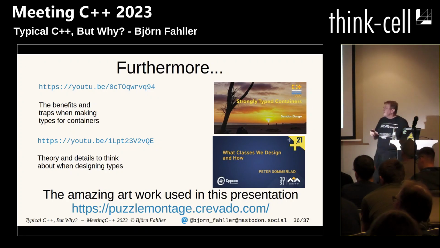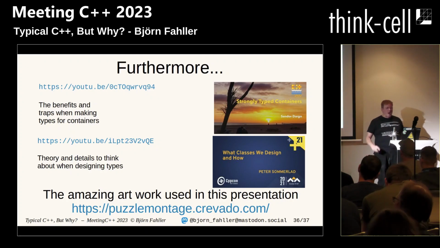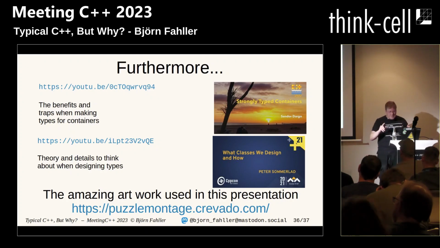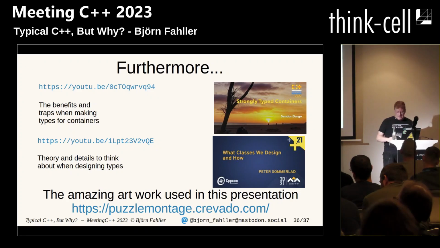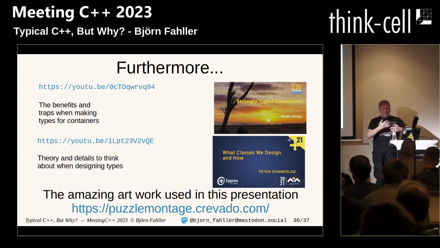If you want to dive into this more about how you design your types, Peter Sommerlad's presentation from CppCon 2021 is amazing. It covers what classes we design and how. Peter's observation is that you only have a handful of categories of types, and these have different rules for how they should behave.